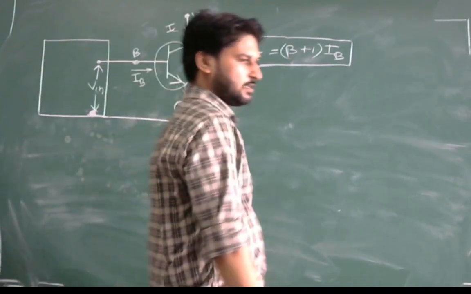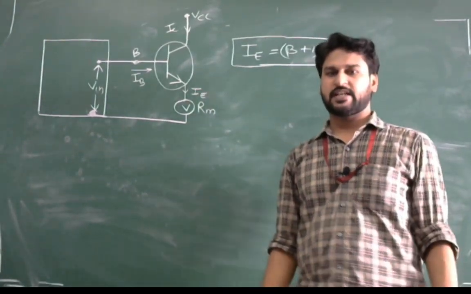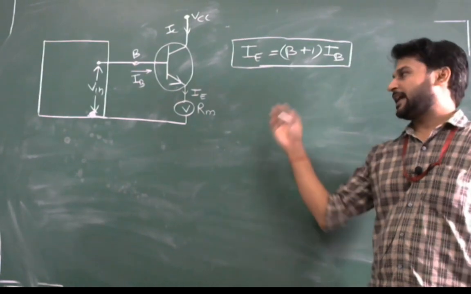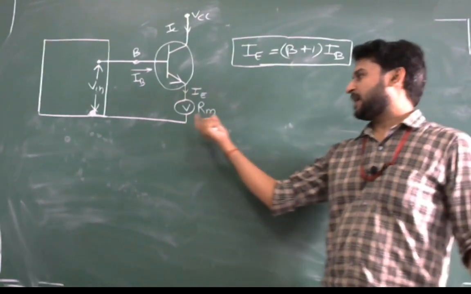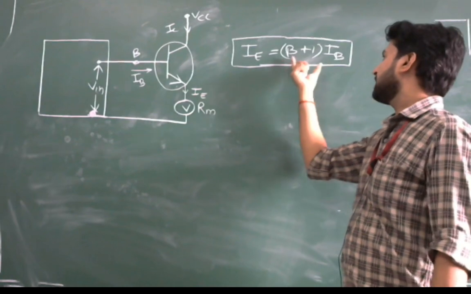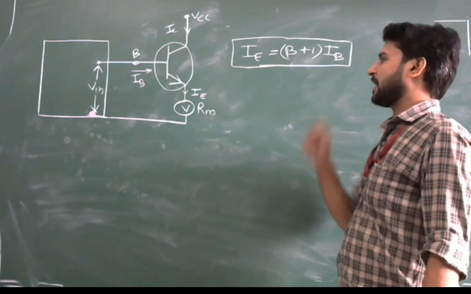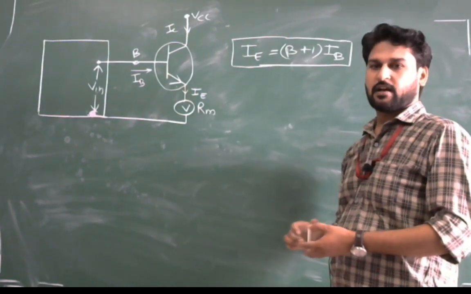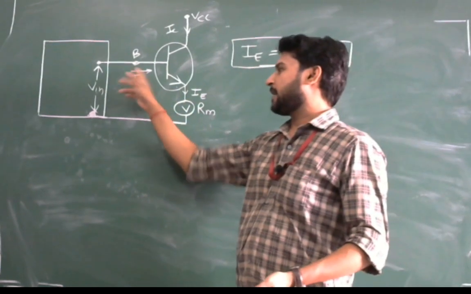This relation itself is sufficient to indicate that this instrument is getting this much current, beta plus 1 times IB, while the current drawn from the circuit is only IB.